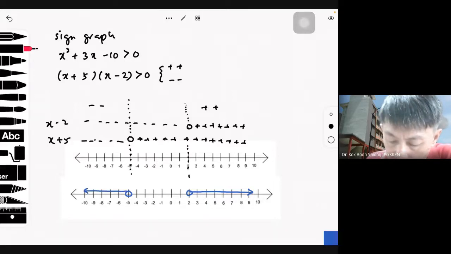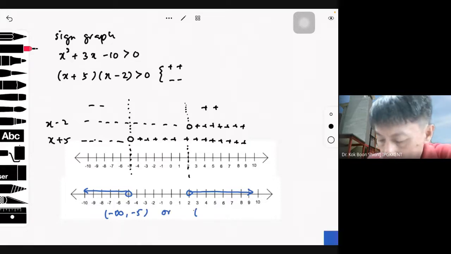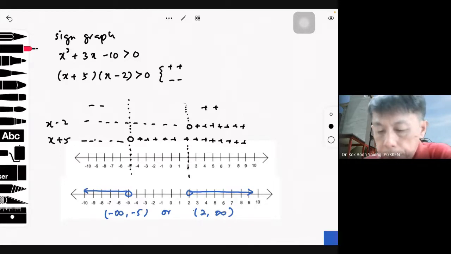So it's either negative infinity to negative 5, or 2 to infinity. So this is the answer, by using sign graph.